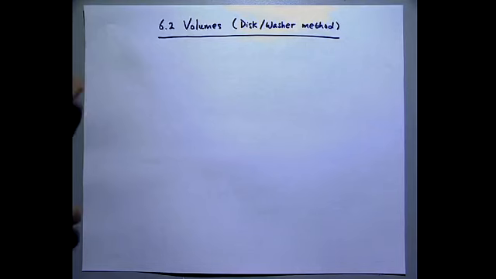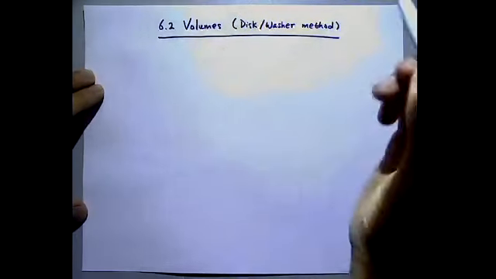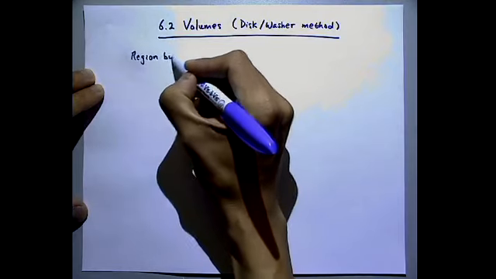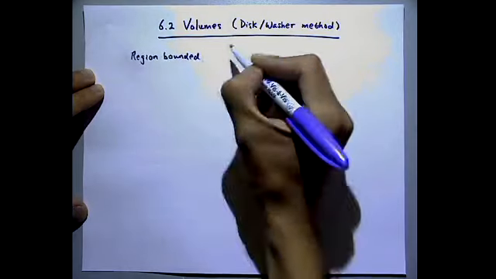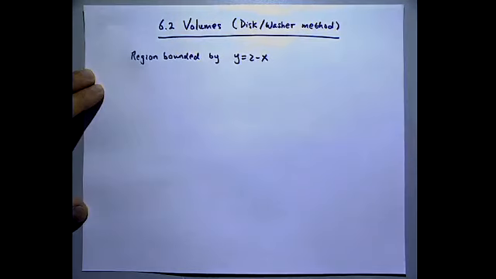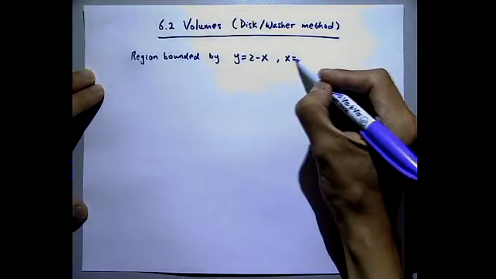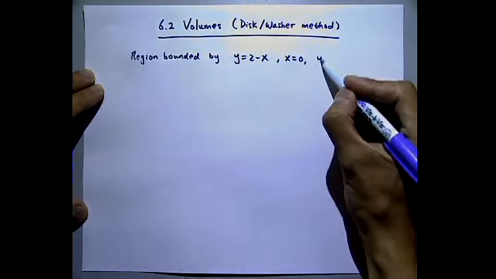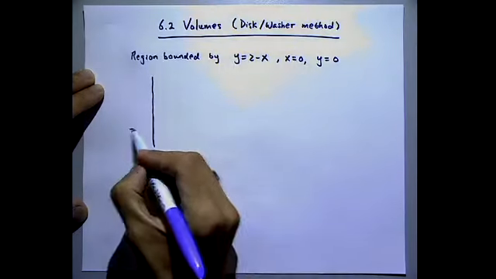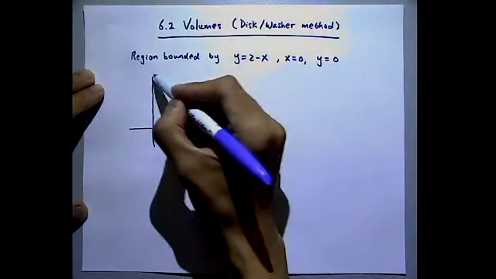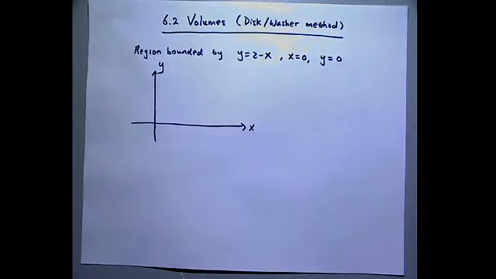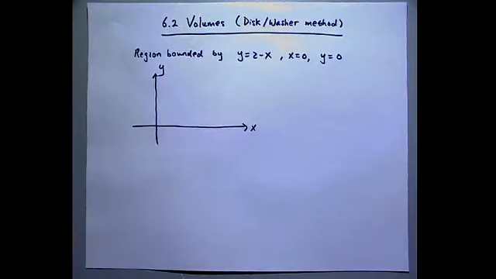All right, so let's start by looking at the shape. Let's look at the region bounded by y is equal to 2 minus x, x is equal to 0, and y is equal to 0. Okay, so 2 minus x, we know what that looks like.